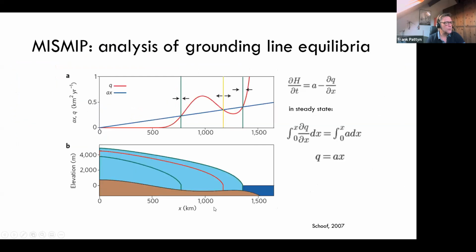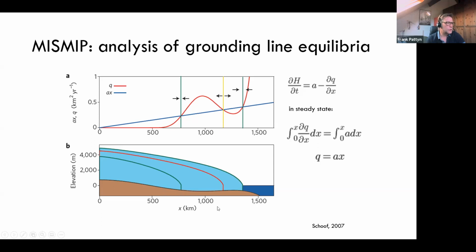But it was not until we had a clear theoretical understanding of stability of grounding lines that we could really test it against some known solutions. And so the MISMIP was an analysis of grounding line equilibria based on the paper by Christian Schoof in 2007 that shows, as a function of the bed profile, the different equilibria of the grounding line that you can have.